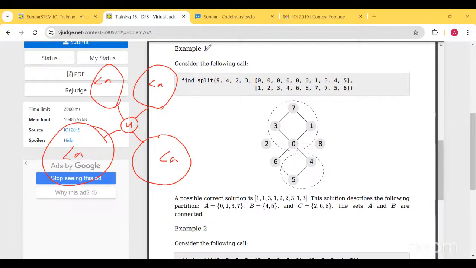Yes, just like the previous. Maybe possible. Wait. Yes, a cycle can be there, but the cycle only exists here. It cannot connect between components, because if it connects between components, it means it is in one component, right? If there are two nodes connecting to you here, it is counted as one component.